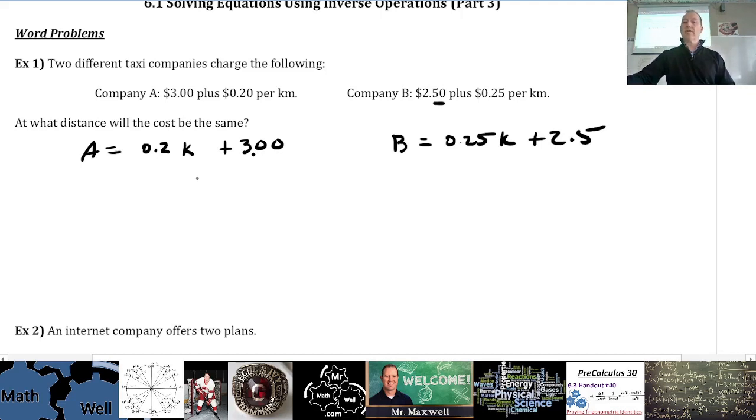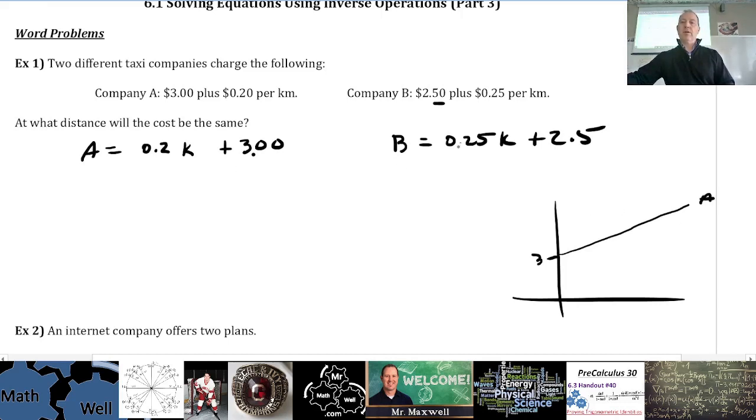We don't have to graph them, but if we did, one of these graphs would start at 3 and go up 0.2. So I'm going to estimate 0.2 about there. That's A. B would look like this. It starts at 2.5, so that's a little bit lower, but it has a higher slope, so it's going to cross over this line at some point because it's got a steeper slope.